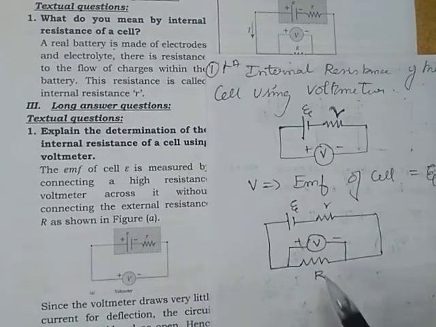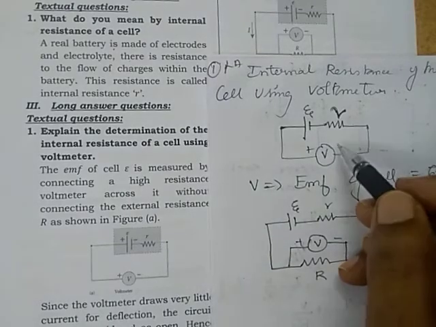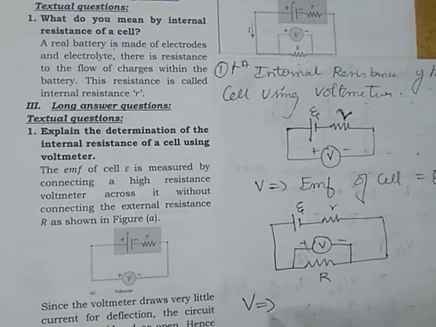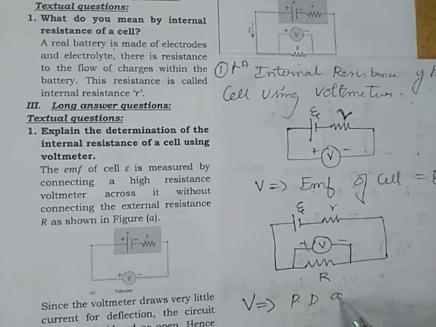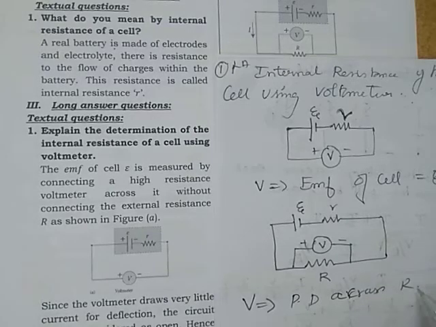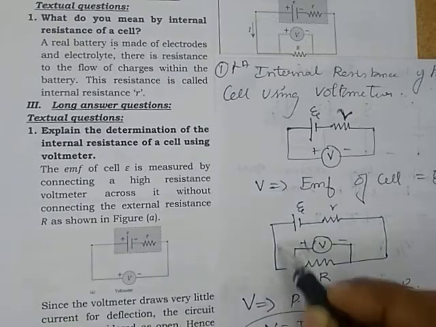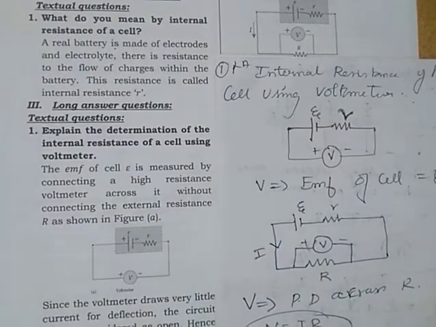Then this is a closed circuit, and the earlier one is an open circuit. For this combination, the voltmeter reads the value of the potential drop across R, that is V is equal to IR, because I is the current in the circuit.